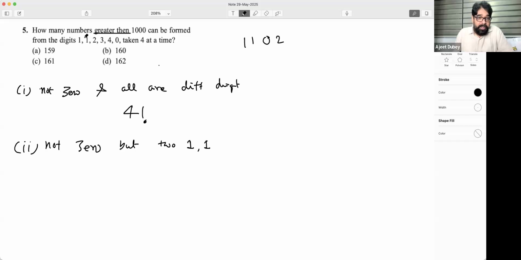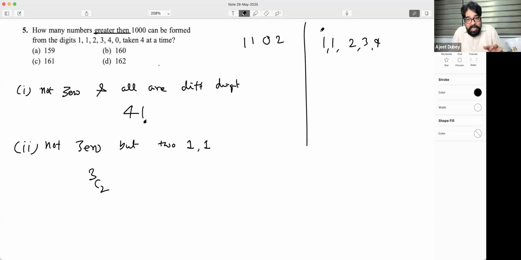So it means 2, 1 you have already taken and the other 2 digits are taken from 2, 3, 4. So how many ways can you take 2 numbers from 2, 3, 4? 3C2 ways. 0 you are not selecting, so what is left? 1, 1, 2, 3, 4. And from here I am selecting. 2 digits are already there, 2 more digits will come from here.